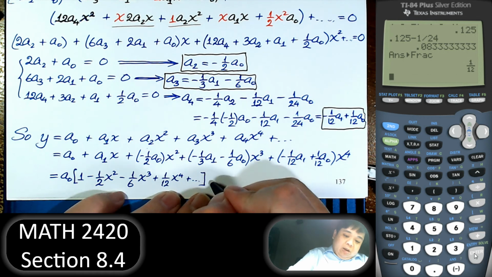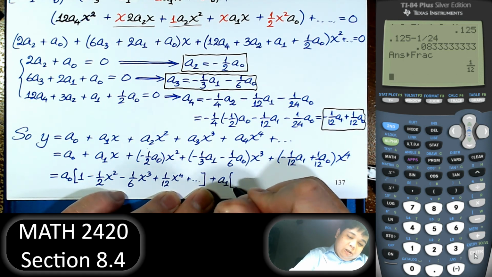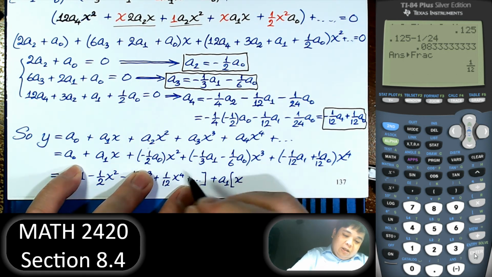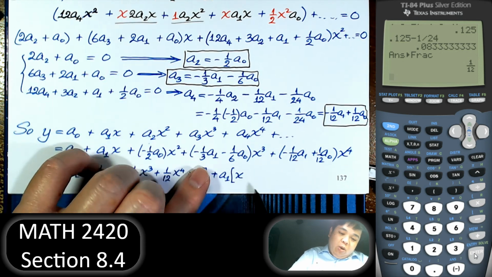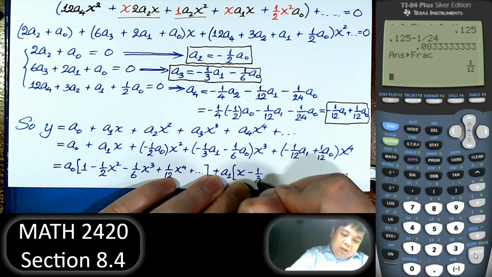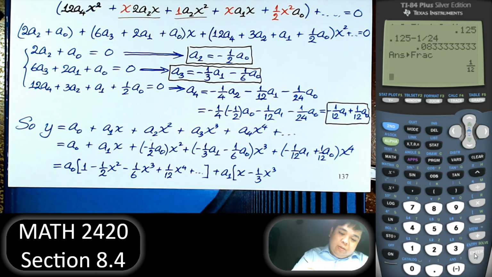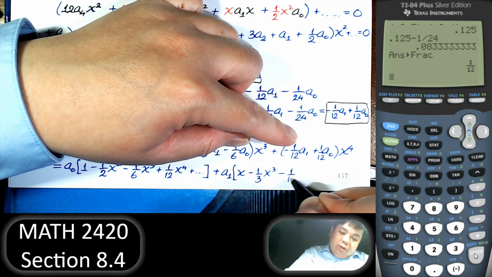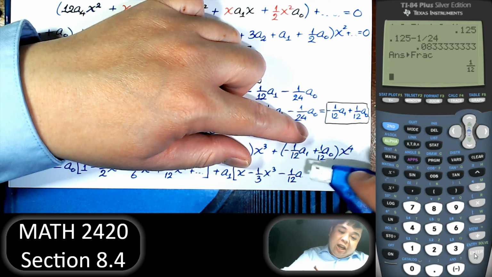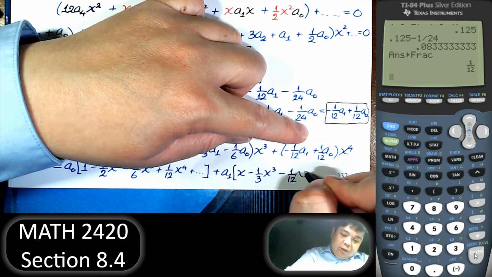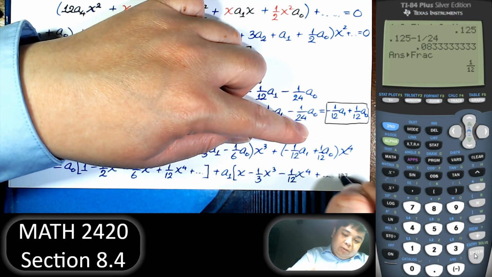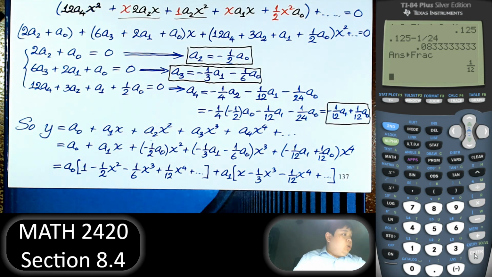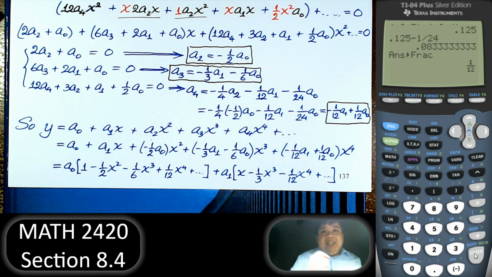Right, and then we have a1: x, negative 1/3 x cubed, minus 1/12 a1, factor out x to the 4th. So we can write that as two power series representations, and they are linearly independent analytic solutions.